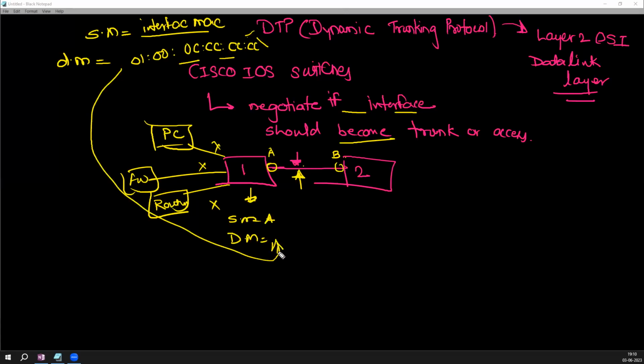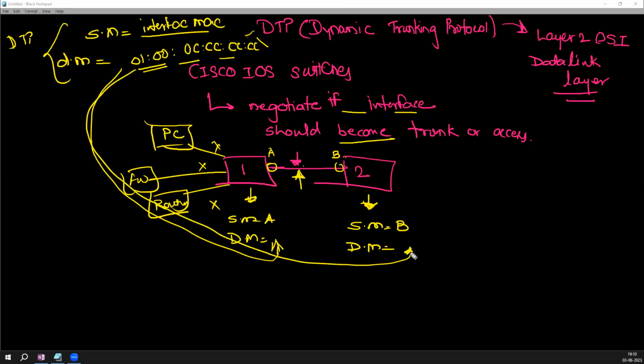No, this is the destination MAC for the DTP frame. Yeah, got it. Whenever switch 2 generates the DTP frame, it will have a source MAC address of B and the destination MAC address would be the same as what we have configured here. Okay. So is this clear now?